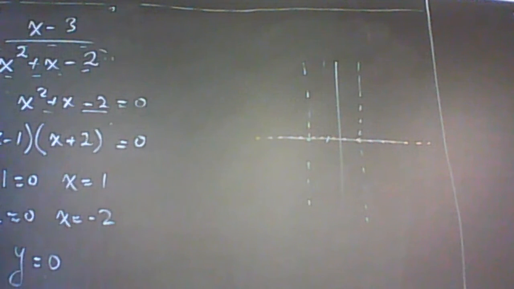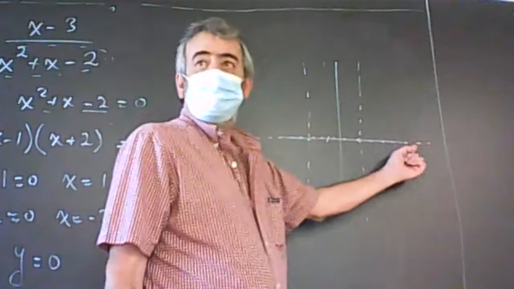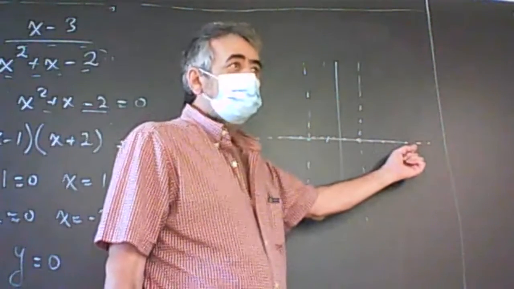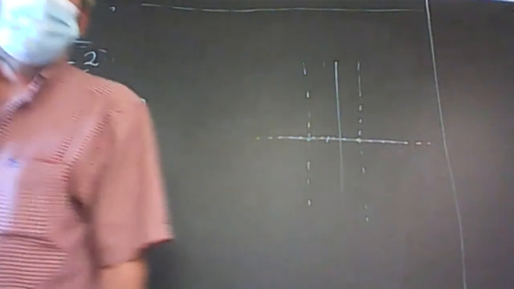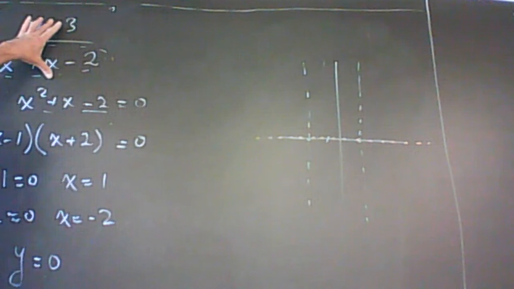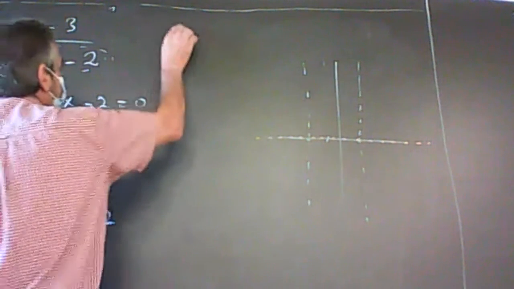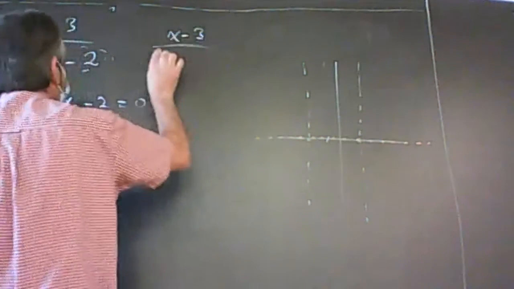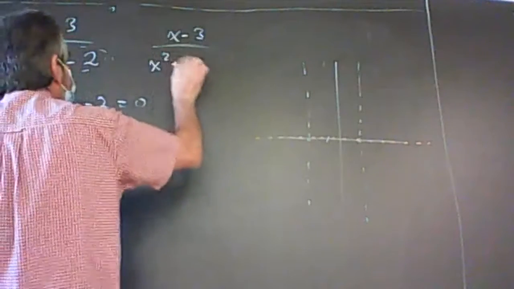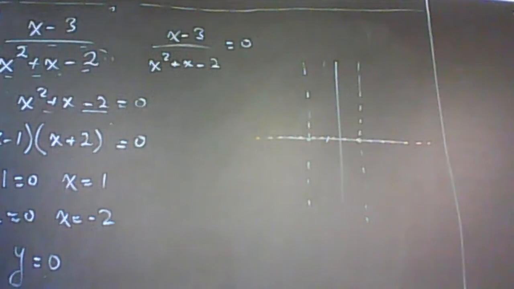let's see. Is the function going to cross this line? Is the function going to cross this line? How do I determine that? We said we take this, we set it equal to 0, and we see how it works. Let's see, we have x minus 3 divided by x squared plus x minus 2 equals 0. Okay?